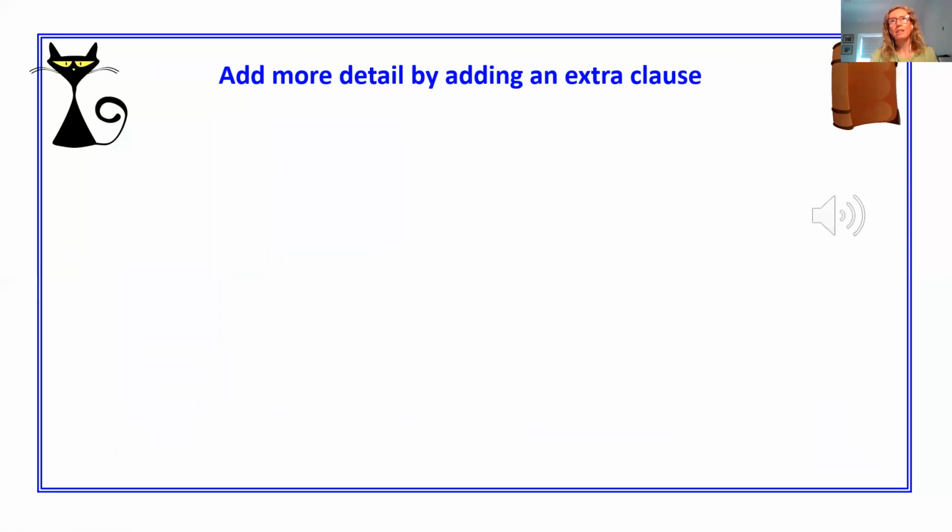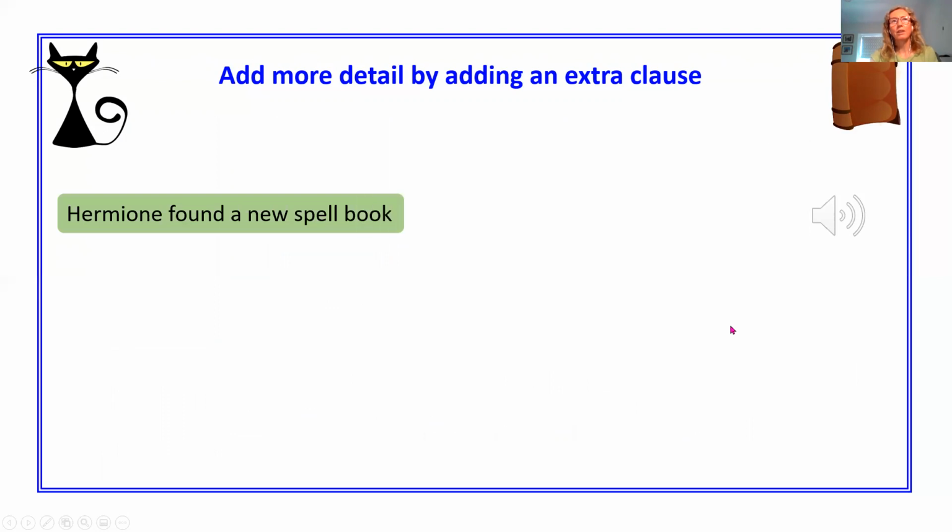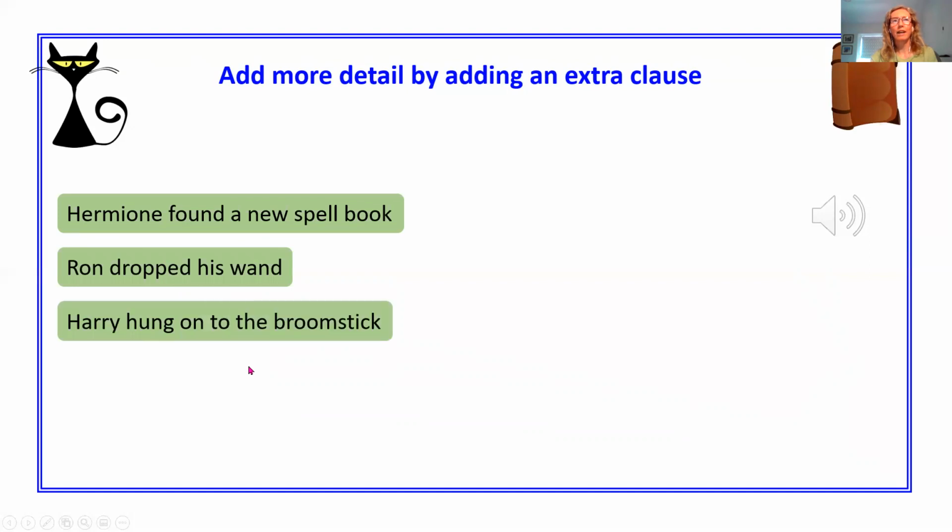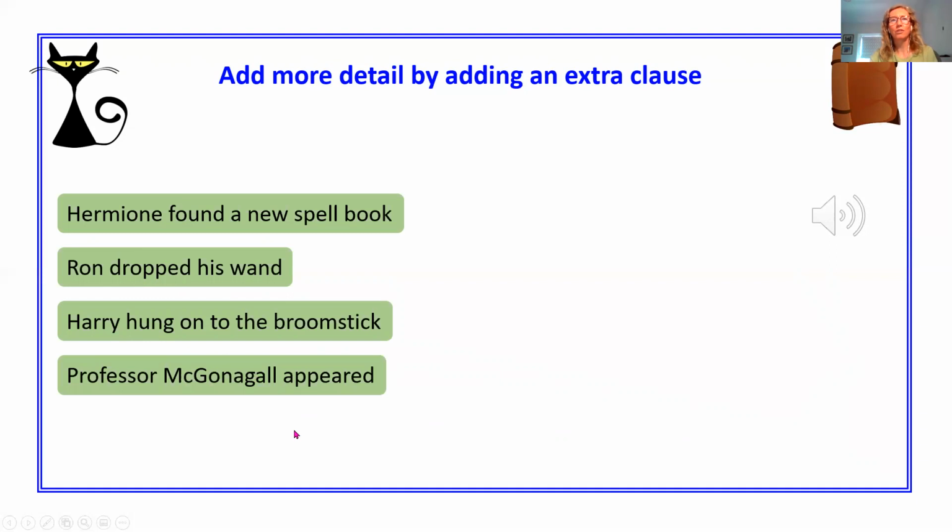So add more detail by adding an extra clause. So here we've got the main clause. Hermione found a new spell book. Ron dropped his wand. Harry hung on to the broomstick. Professor McGonagall appeared. So these are the main clauses, and we're going to have a look at some subordinate clauses.